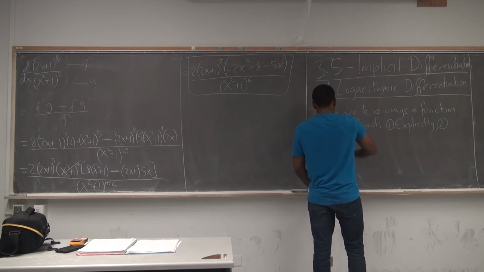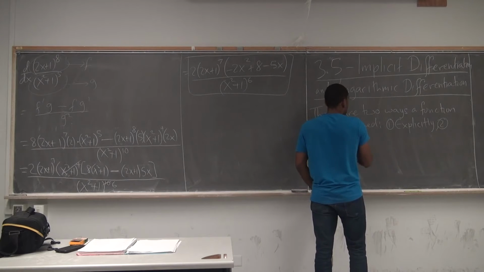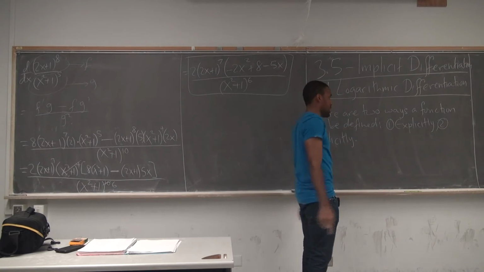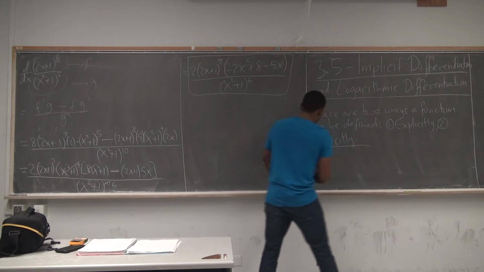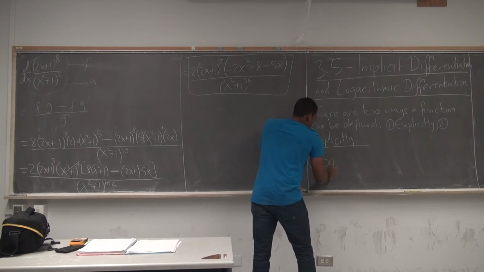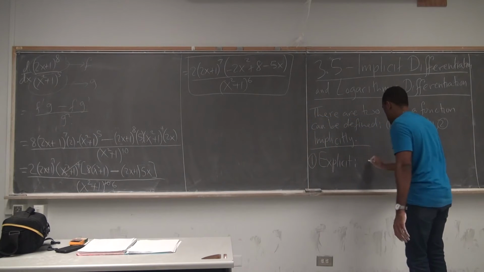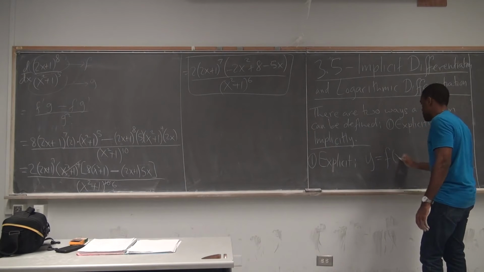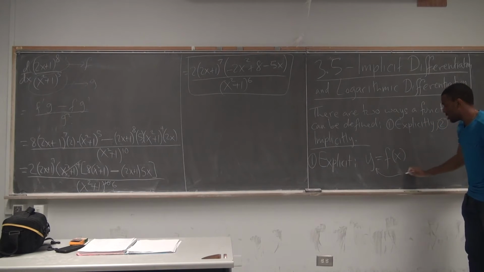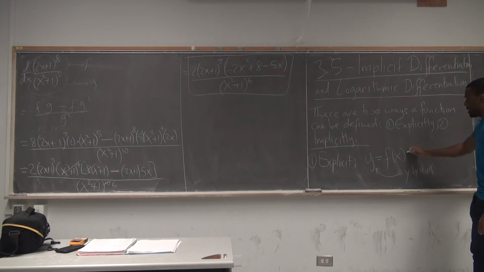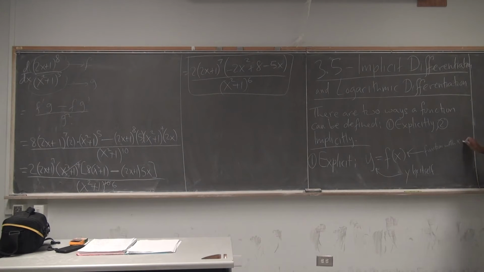Turns out we can define a function both explicitly and implicitly. Explicitly is how we've always been defining it, so it's the one you're kind of used to. When you talk about an explicit way to define a function, it just means you have y is equal to f of x, where your y is by itself, and on the other side you have a function with x as the only variable.